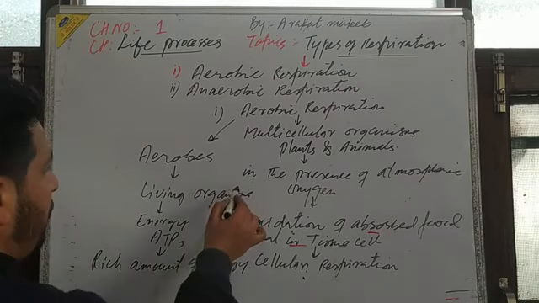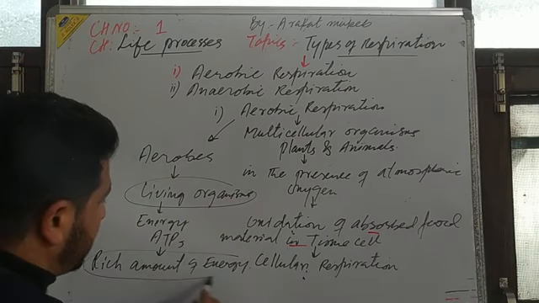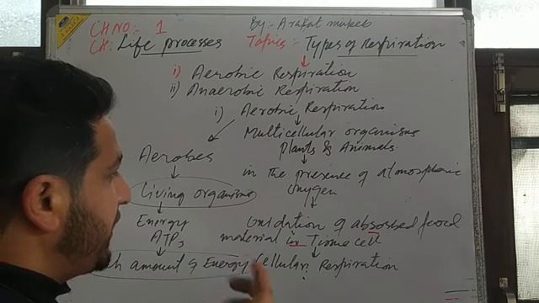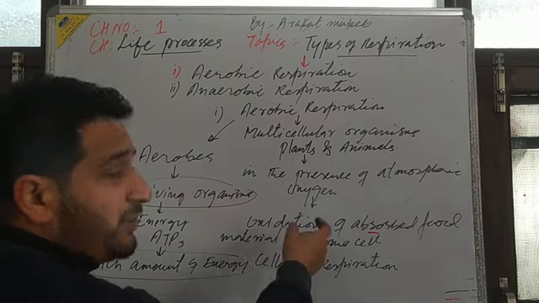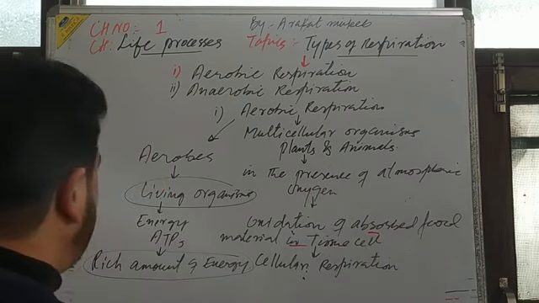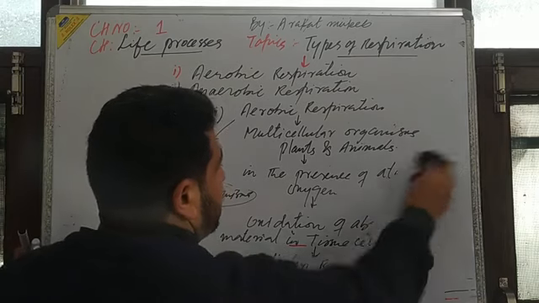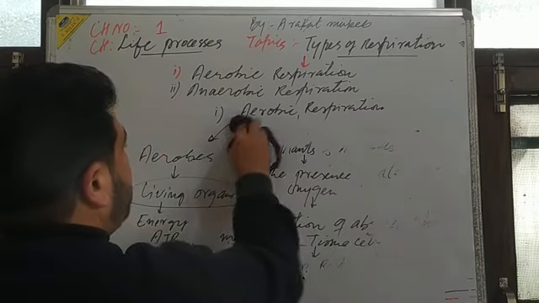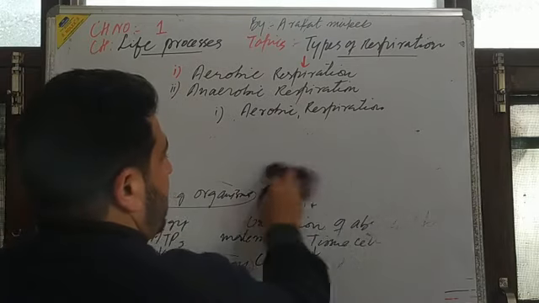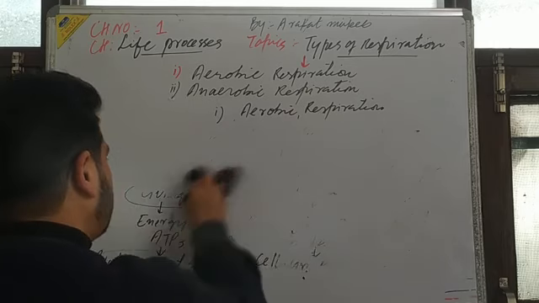What are aerobes? Aerobes are living organisms. They have a good amount of energy, because the reason is that there is complete oxidation of absorbed food in tissue cells. I will show you an example of what type of reaction takes place in aerobic respiration, and a large amount of energy is released in aerobic respiration.